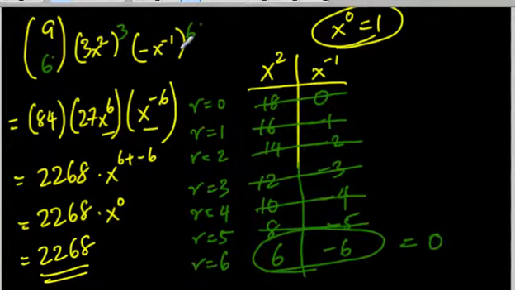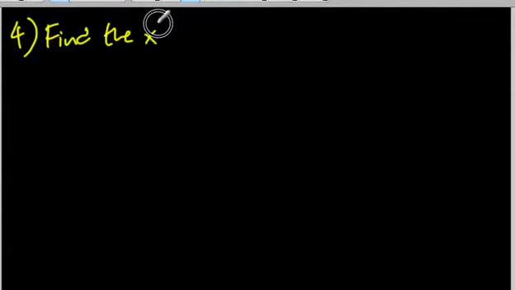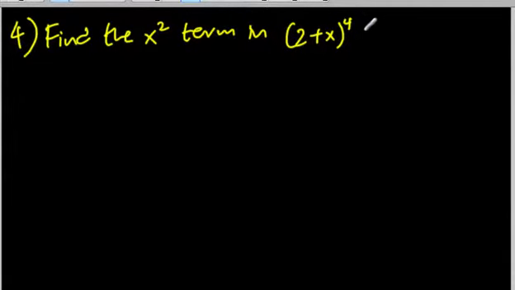And this kind of problem, finding the constant term, is pretty popular sometimes. We're going to do one last problem, which is going to be a little bit lengthy, but you can figure it out. And this is going to be very useful. So the question is, find the x squared term in the expansion of (2 plus x) to the power of 4 times (1 plus 1 over x squared).